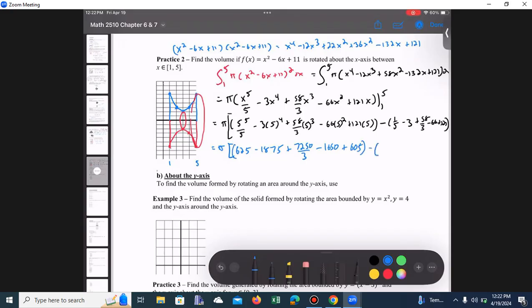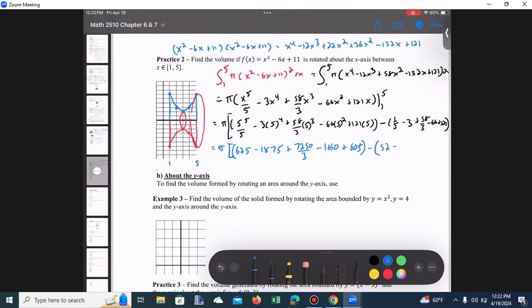Let's see what we can, you know what, let's do it this way. We'll do the numbers first. So 121 minus 66 minus 3 is 52.